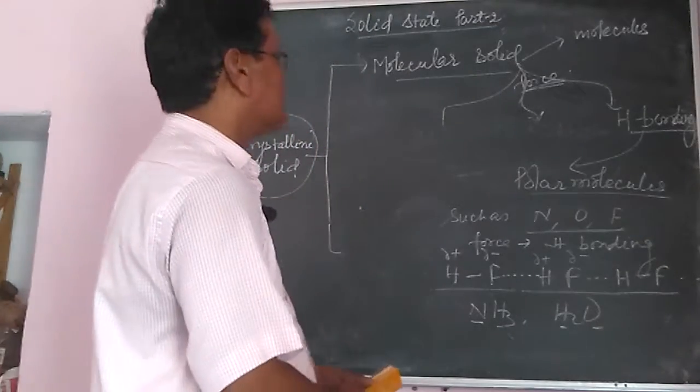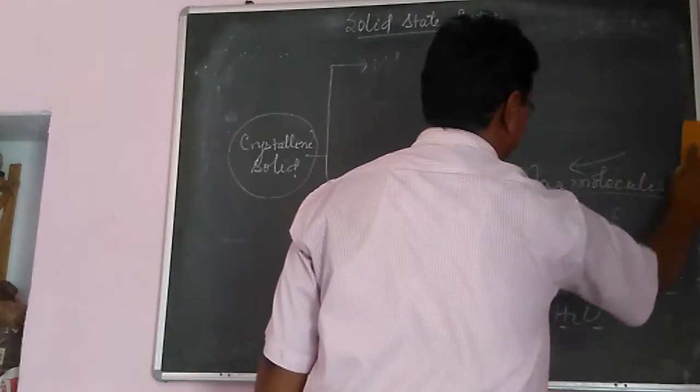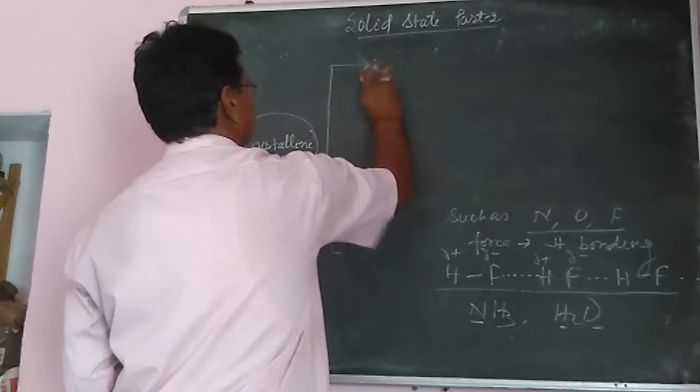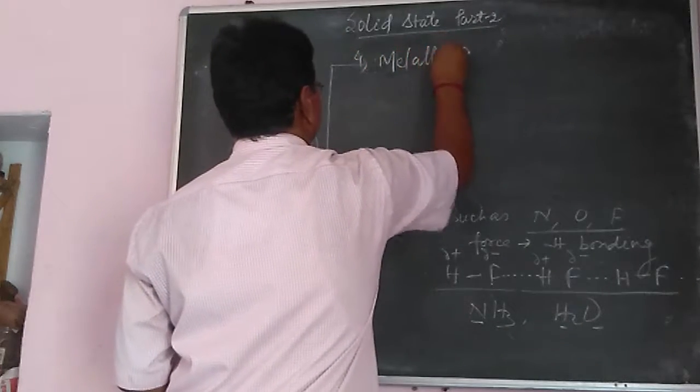So this is molecular solid, and the next, the fourth, is metallic solid.